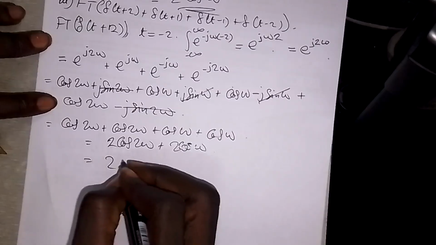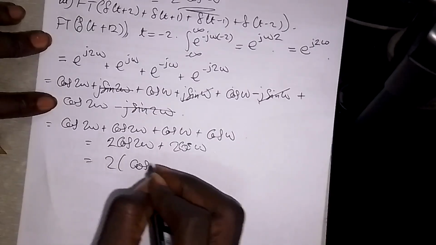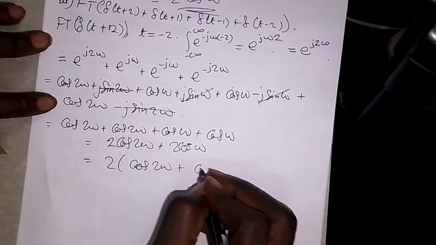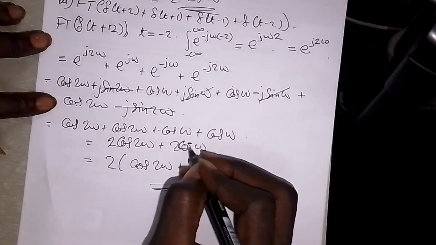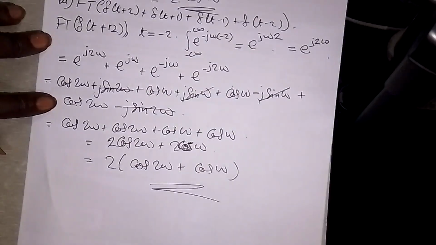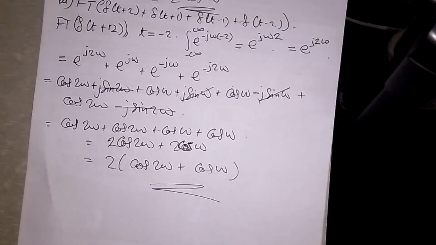Taking 2 out, that's 2 times cos 2 omega plus cos omega. So that's the answer to the third part.